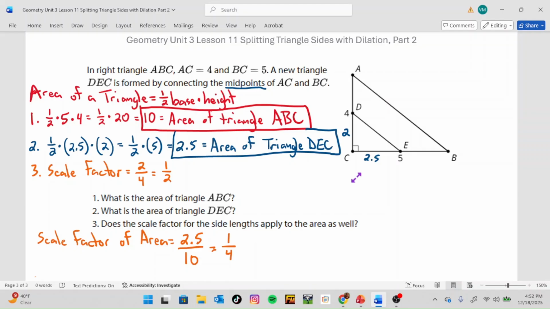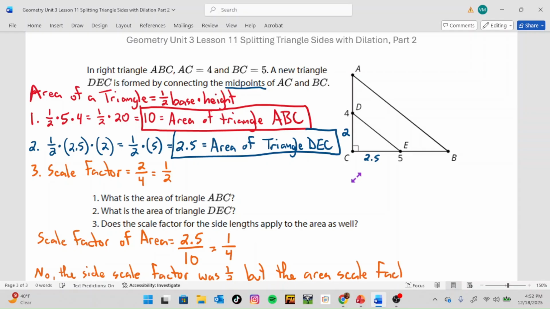So the answer would be no. The side scale factor was 1/2, but the area scale factor was 1/4.